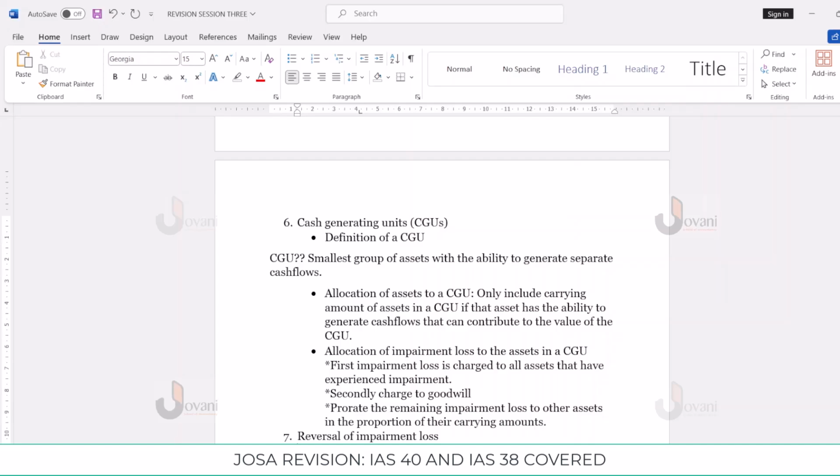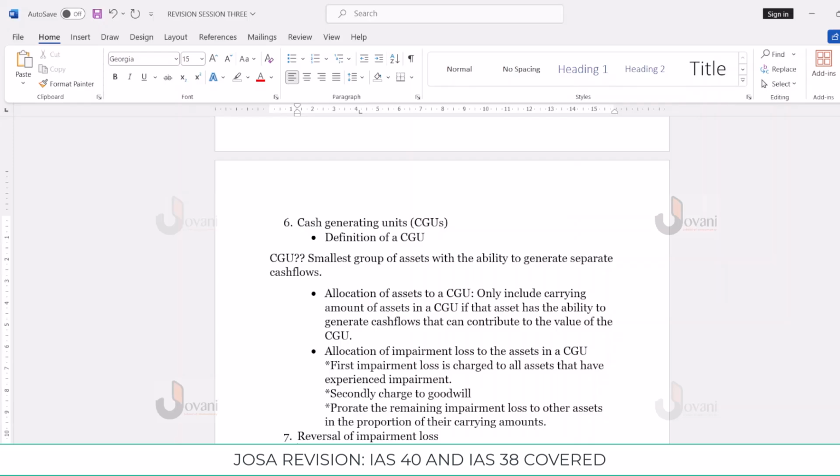Remember, the standard says we must annually or at each reporting date review an already impaired asset so that we can ascertain if there are changes in the same.